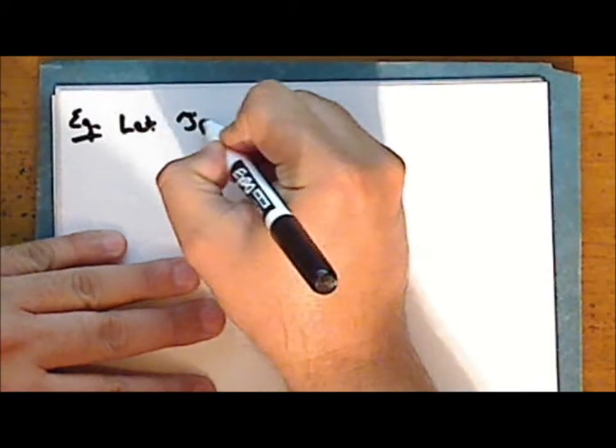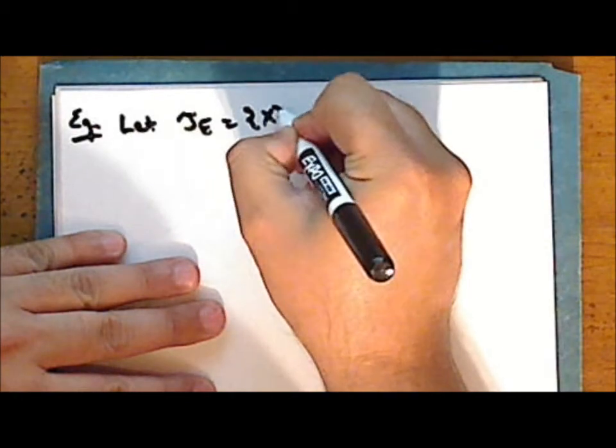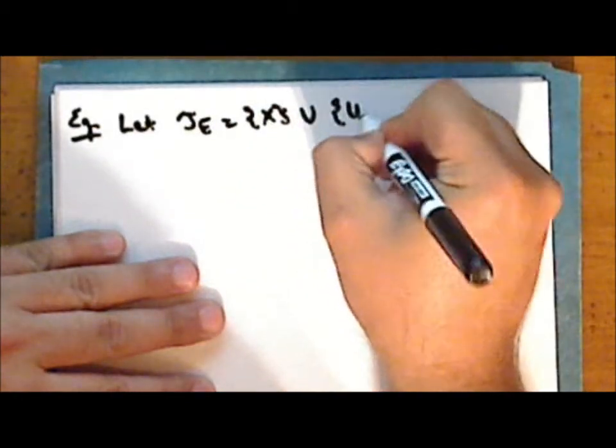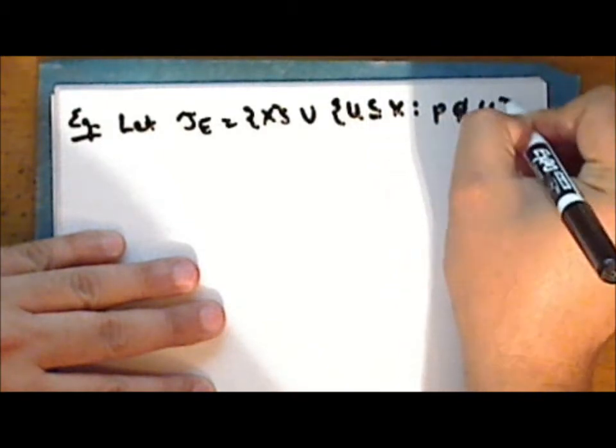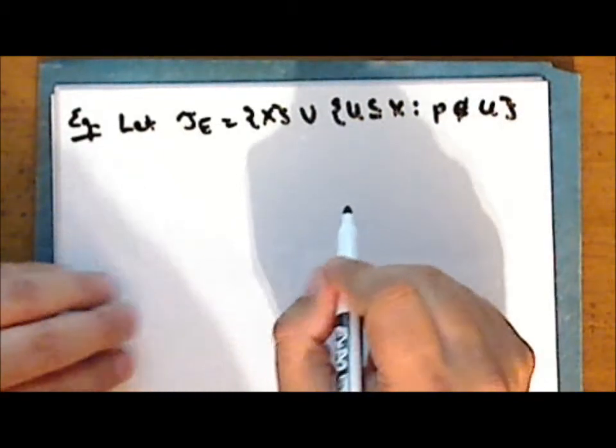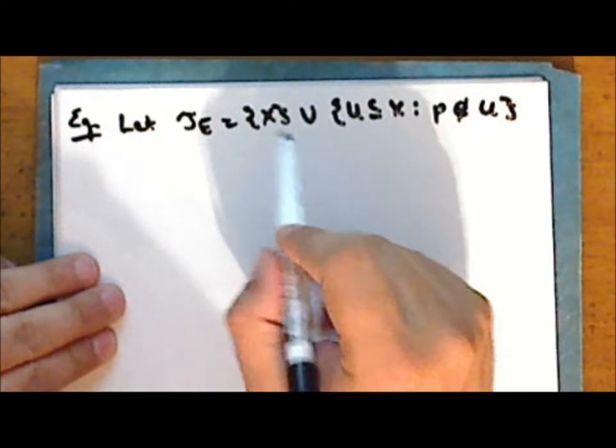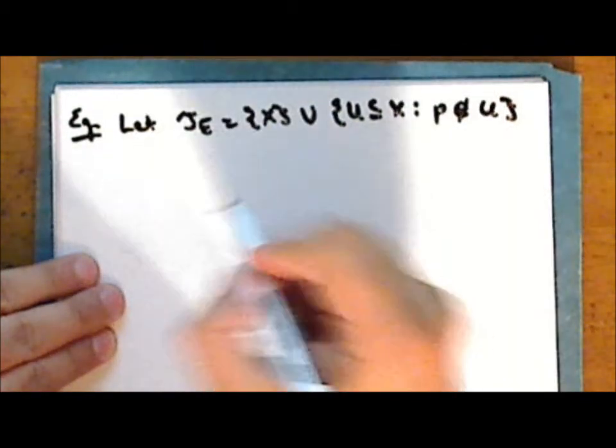So let tau sub E be the set which contains the entire set X in a union with all subsets of the set X such that the point P is not in that subset. Then once again, this is the excluded point topology on the set X with P the excluded point.